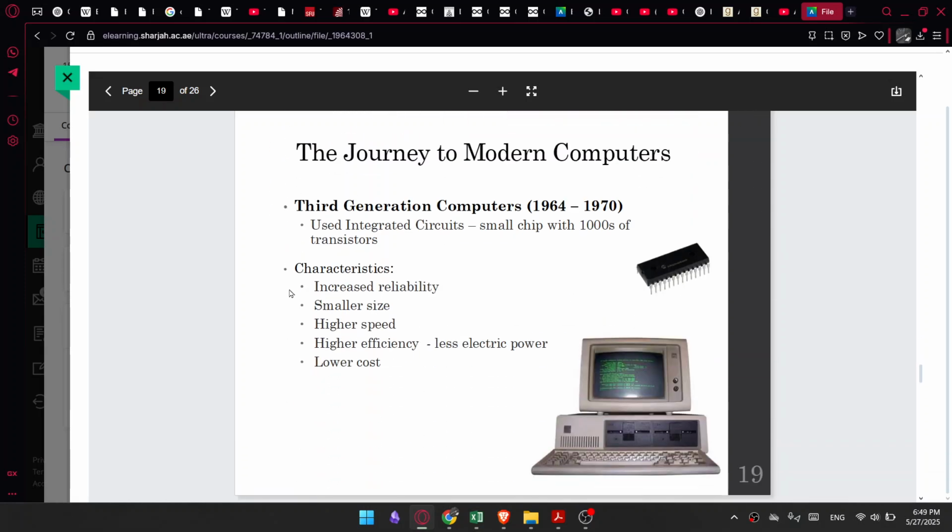The journey to modern computers: third generation computers, 1964 to 1970, used integrated circuits, small chips with thousands of transistors. Characteristics: increased reliability, smaller size, higher speed, higher efficiency, less electric power, and lower cost.